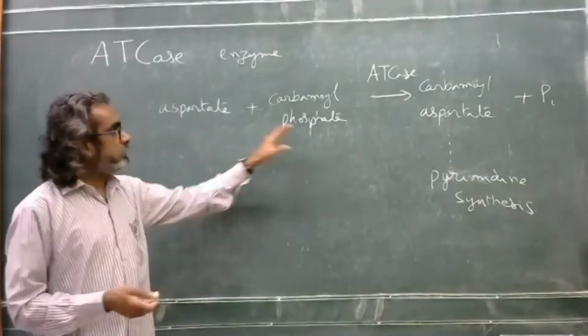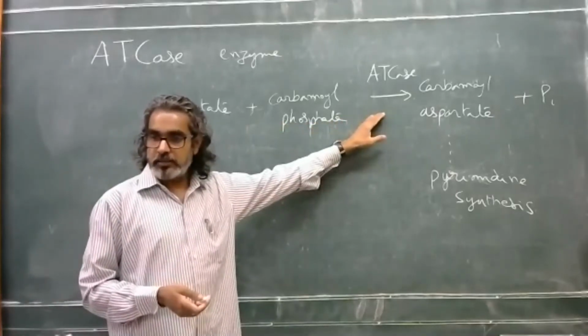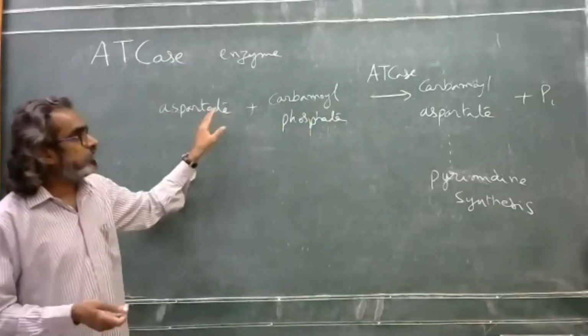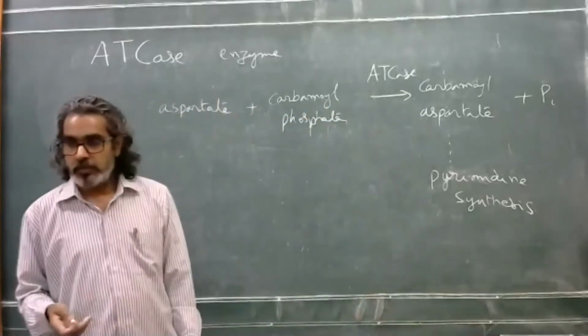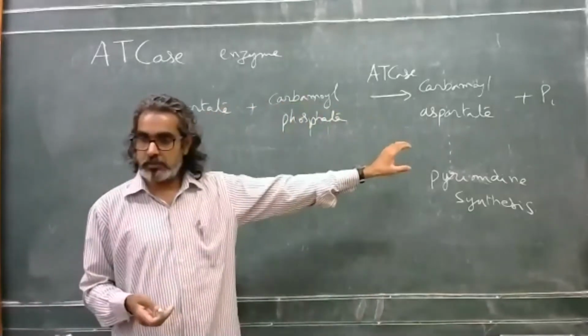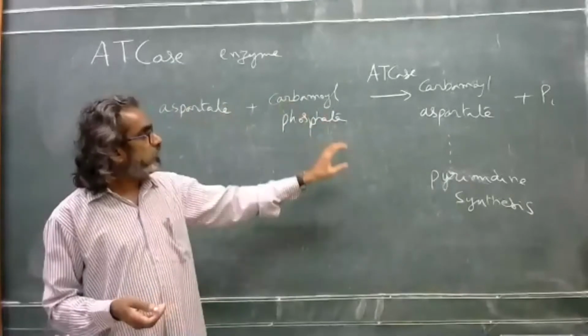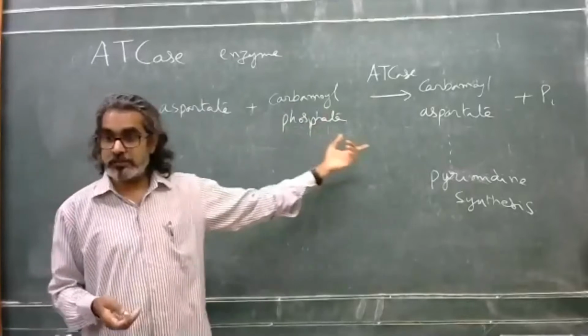So this is the step which is catalyzed by ATCase, but then it needs to know how much aspartate needs to be converted to this product, carbamyl aspartate. So if there is more aspartate, then more is converted, right? Okay, but sometimes let's say you want your aspartate not just for this reaction.